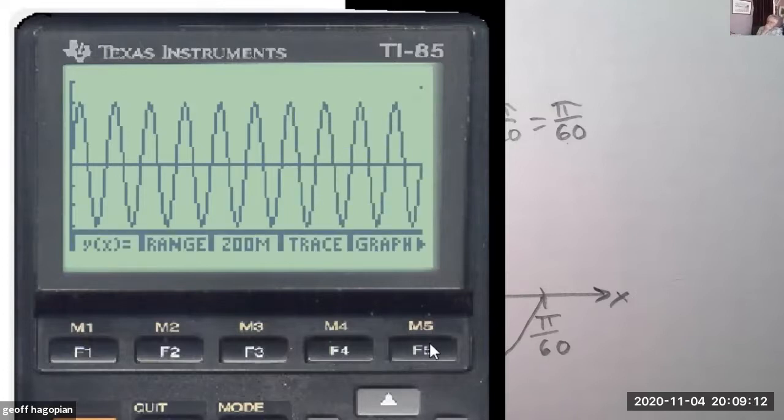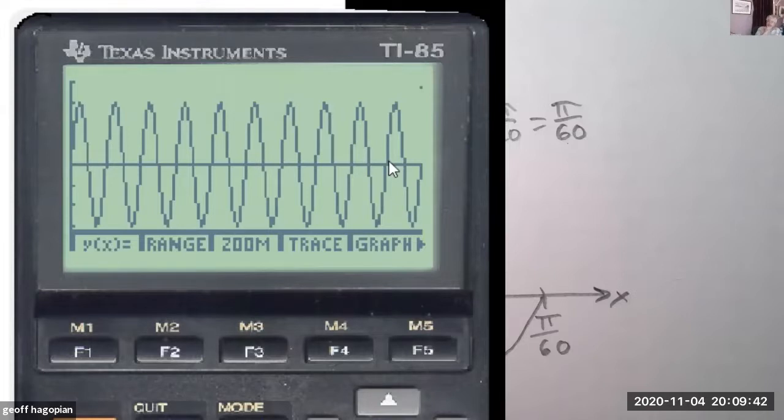Is that 60 oscillations? No. I think I can count them now though. Sorry, 1 peak to peak is an oscillation, right? Yeah. So 1, 2, 3, 4, 5, 6, 7, 8, 9, maybe 10 oscillations altogether. So yeah, pi over 6, which is 10 times pi over 60.